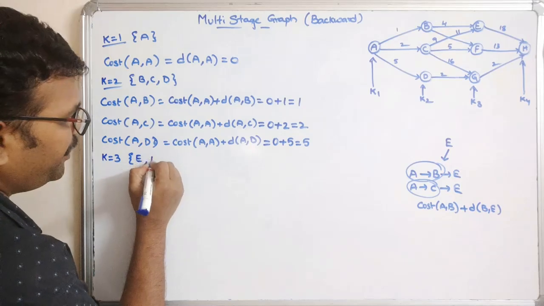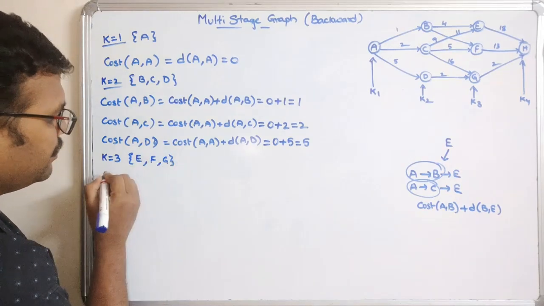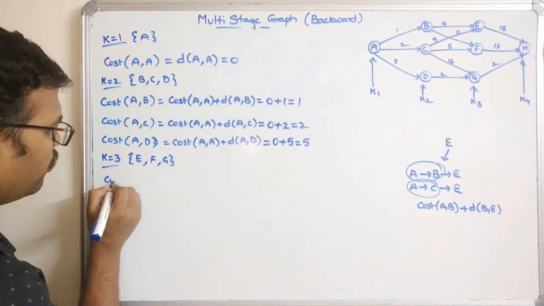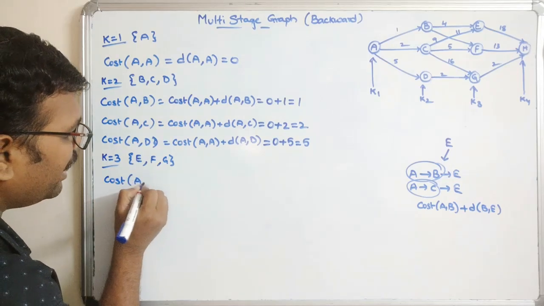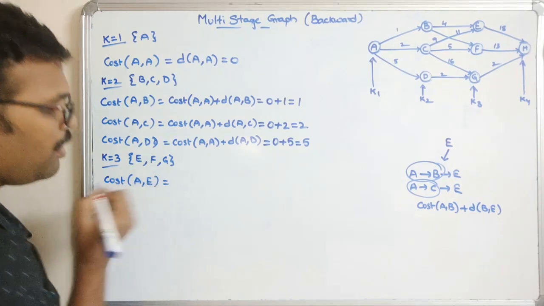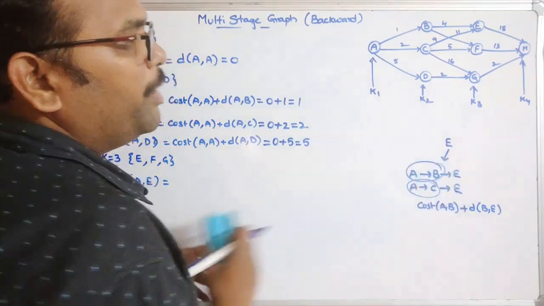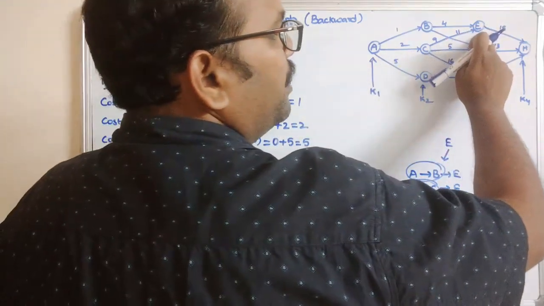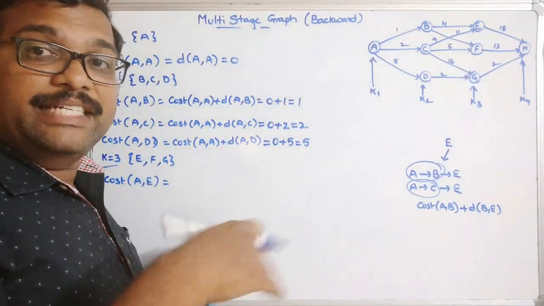So what are the vertices available in stage 3? E, F and G. Now we need to find out the cost of A to E. How many ways can we go to E? So how many incoming edges?